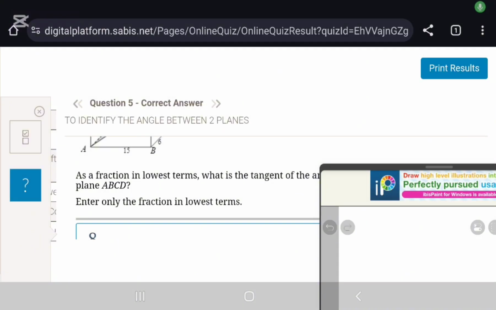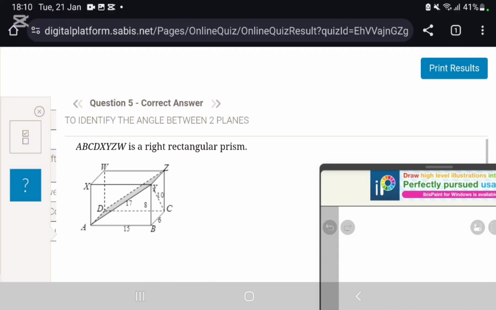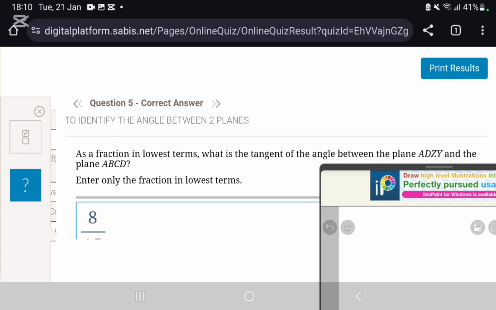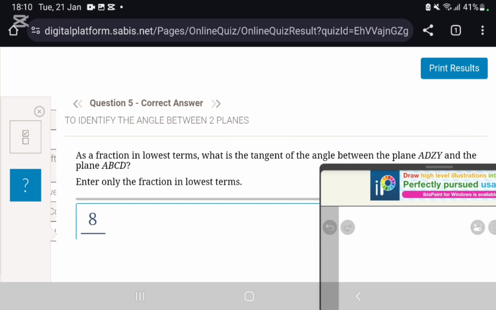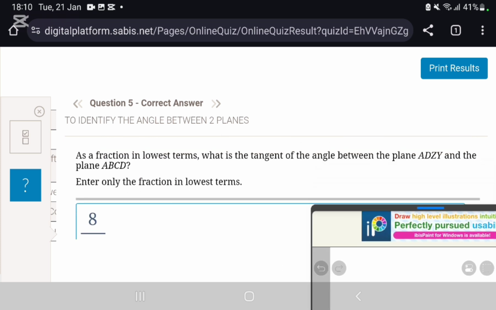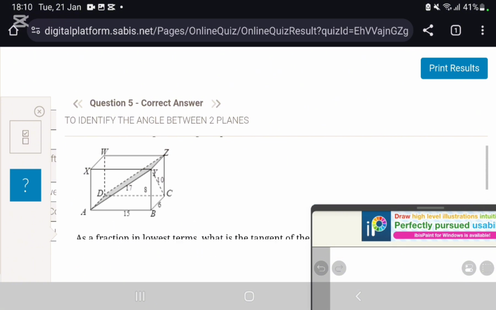Okay. So for this question, we have A, B, C, D, X, Y, Z, W is a right rectangular prism. As a fraction in lowest terms, what is the tangent or tan of the angle between plane ADZY and plane ABCD?